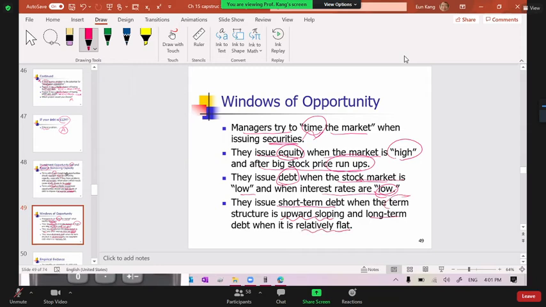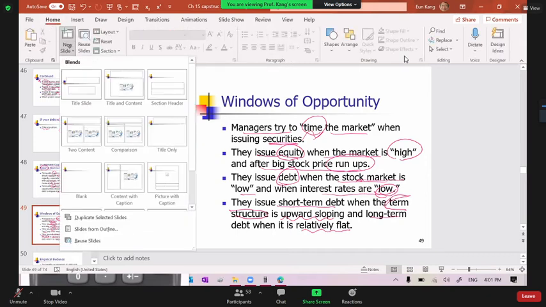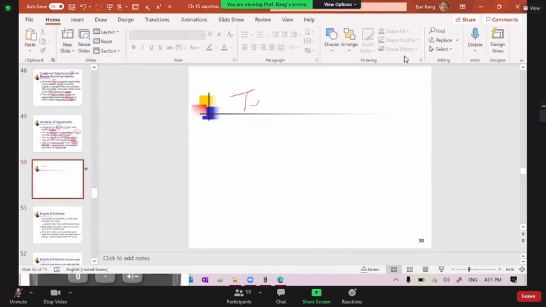Then, have you heard about term structure? Term structure. Term actually means short term or long term, term structure.